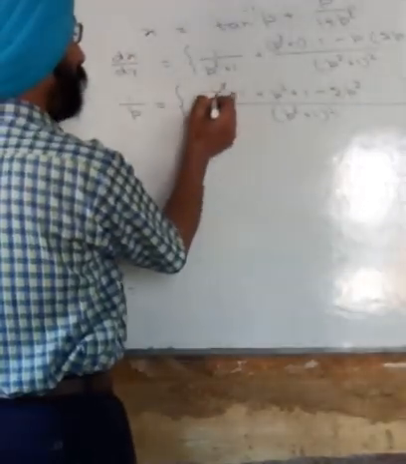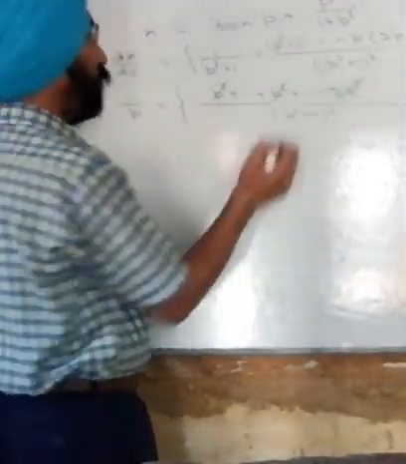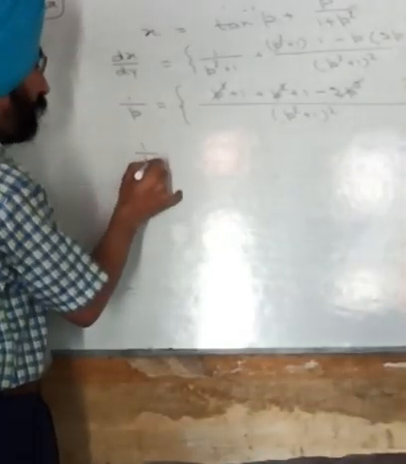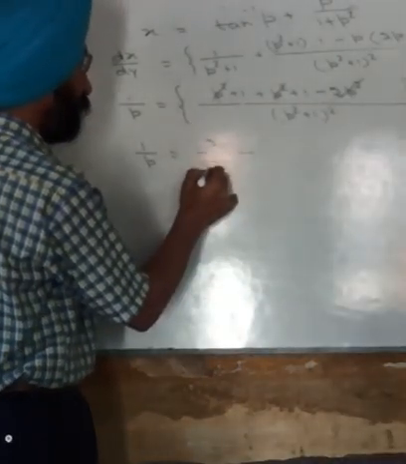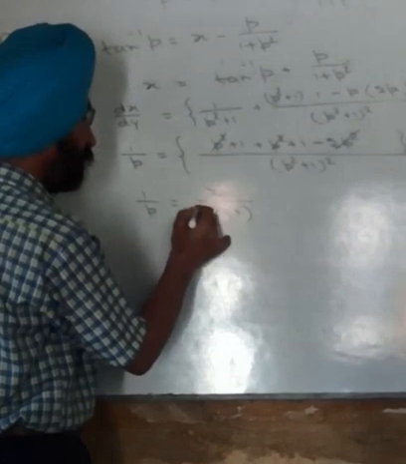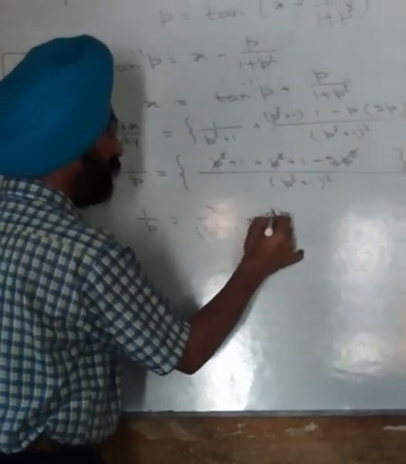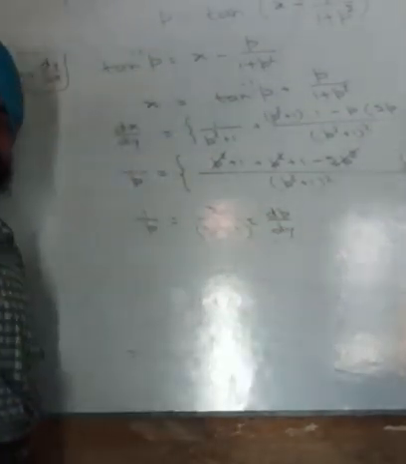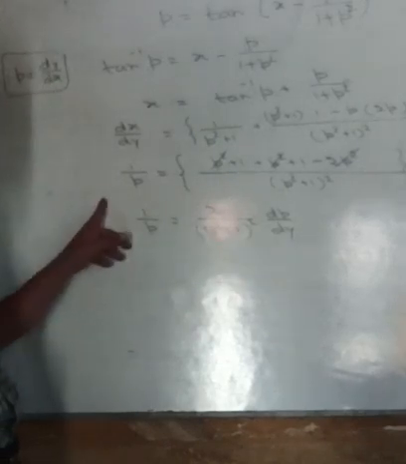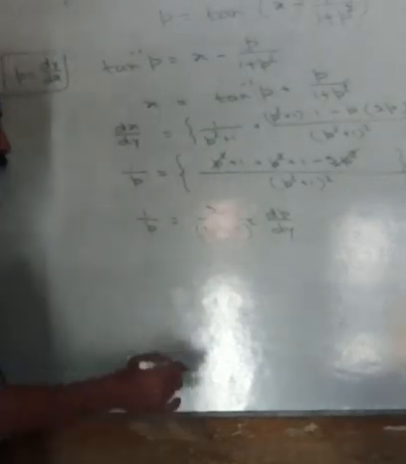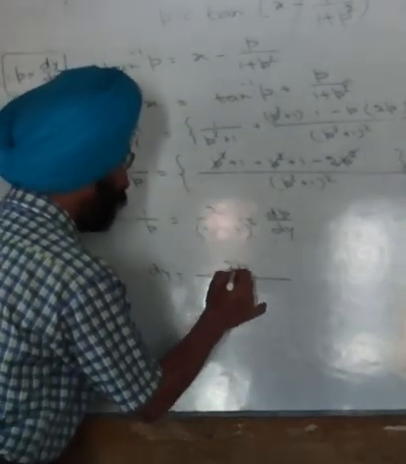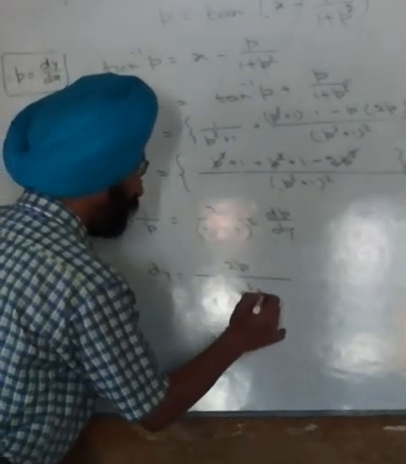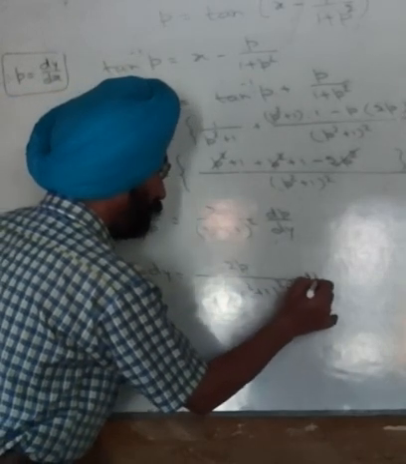This p square and minus 2p square will be cancelled. What you will get? You will get 1 upon p is equal to, this is 1 plus 1 is 2, over (p square plus 1) whole square dp by dy. Taking dy to the left hand side and this p to the right hand side, you will get dy is equal to 2p upon (p square plus 1) whole square dp.